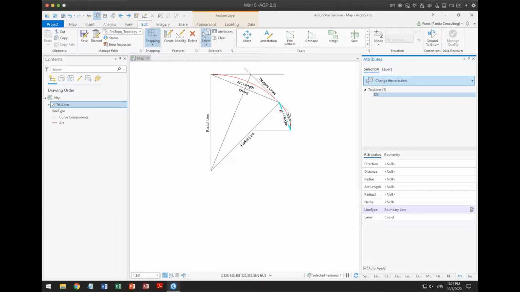Because once you understand the relationships here, you really only need 2 components to build a curve, right? Because these are all related to one another in the tangent, or excuse me, in the right triangle. You can understand and build everything else off of them.